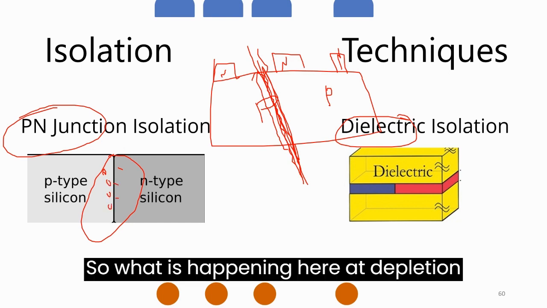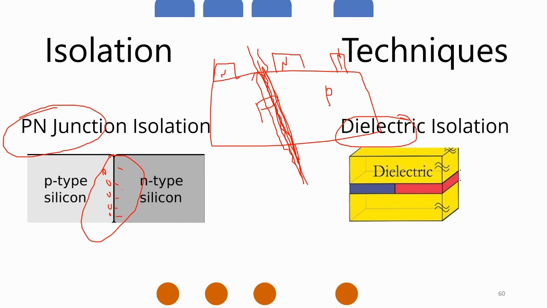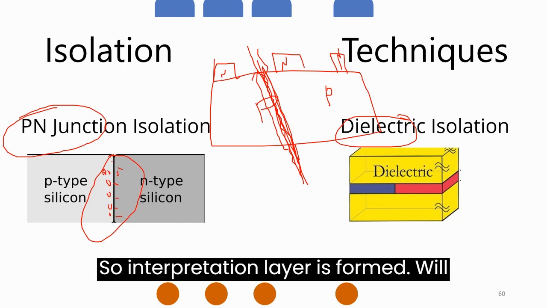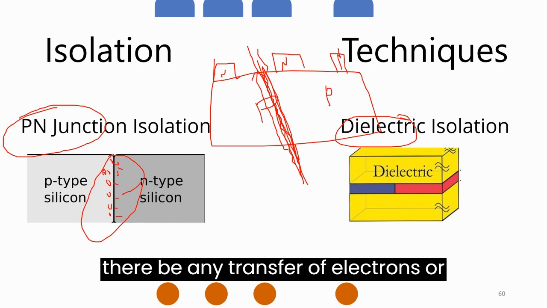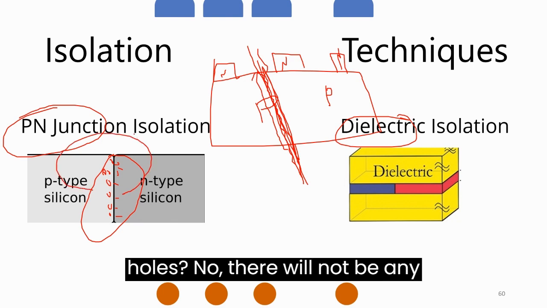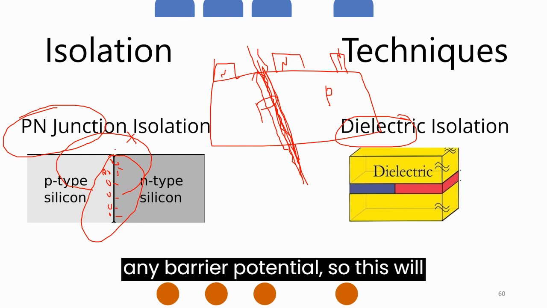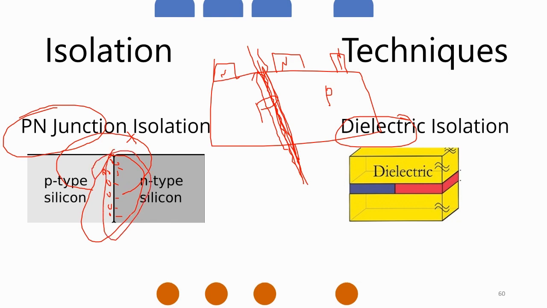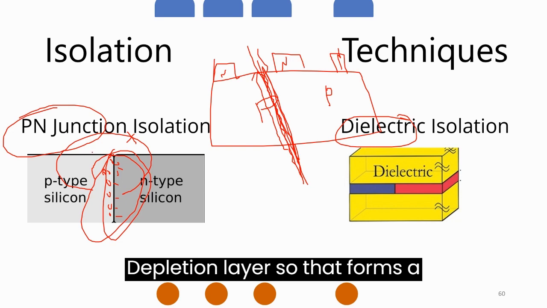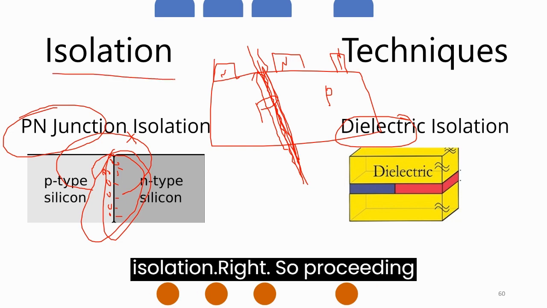So what is happening here? A depletion layer is formed. When a depletion layer is formed, will there be any transfer of electrons or holes? No, there will not be any transfer. We are also not going to give any barrier potential. So this will remain as a depletion layer. That forms an isolation, right?